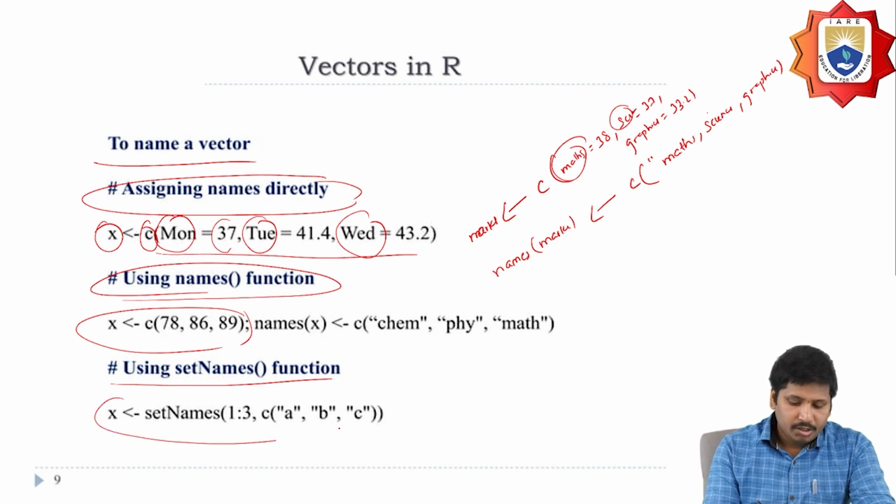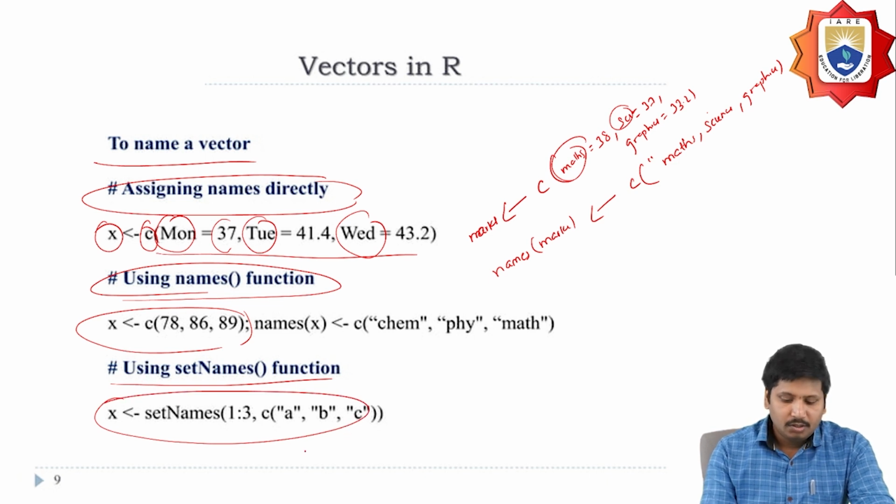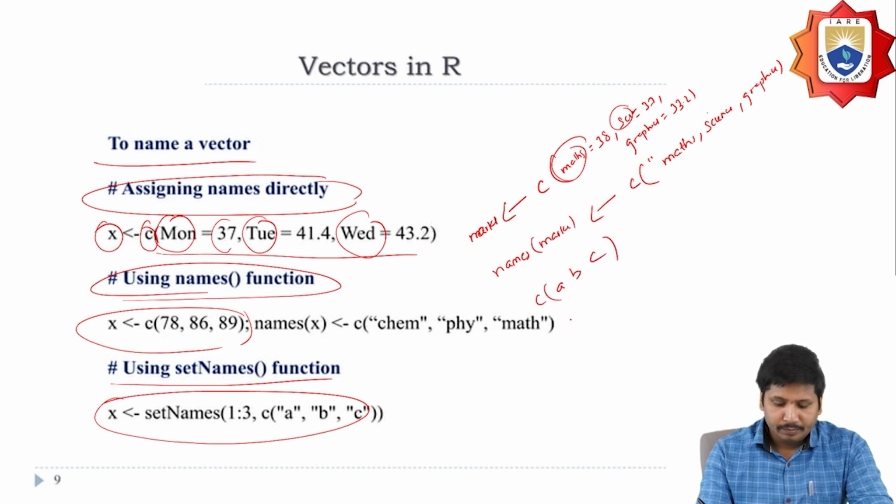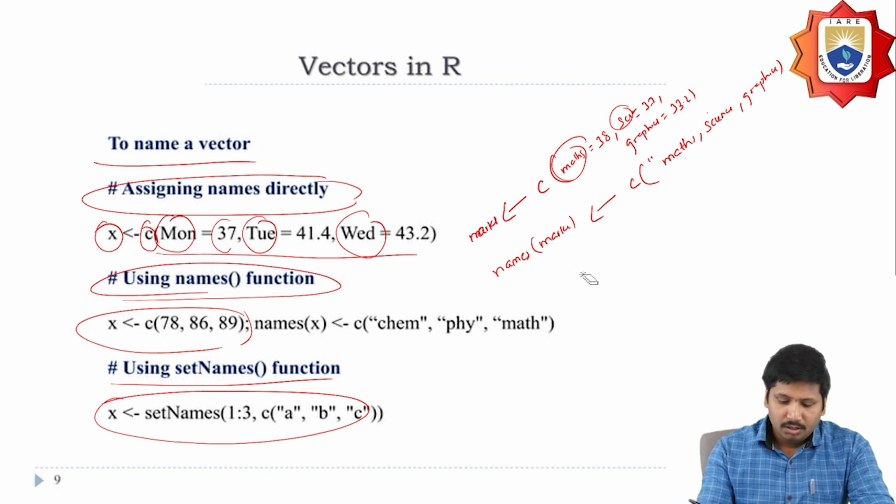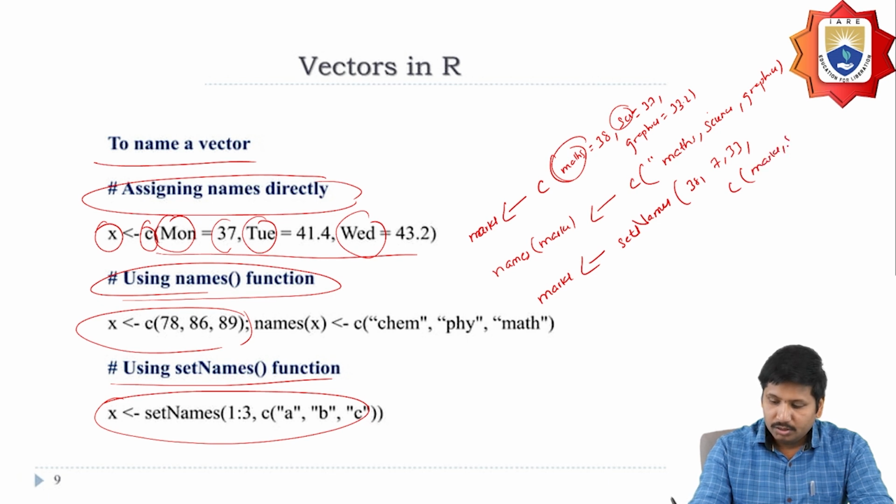So x, setNames, 1 to 3, and c of vector A, B, C. For marks, setNames with 38, 37, 33, and c of marks, science, and ranks.